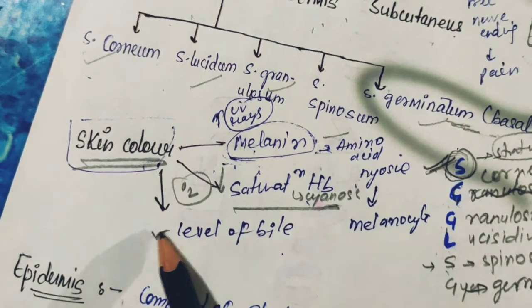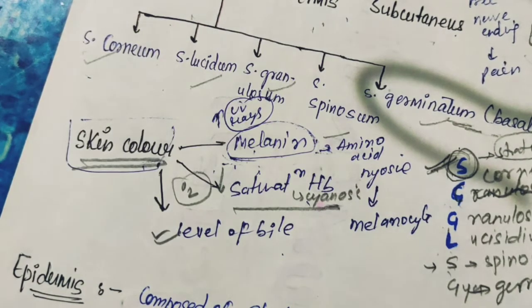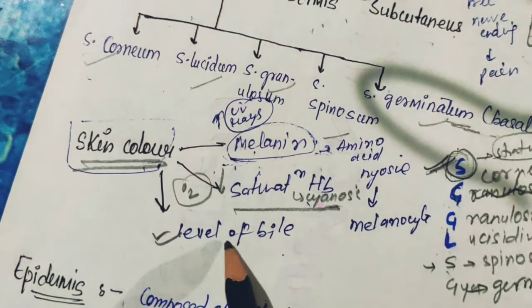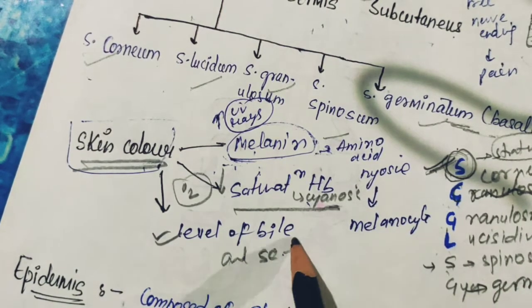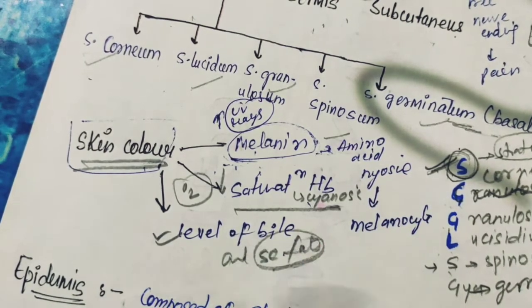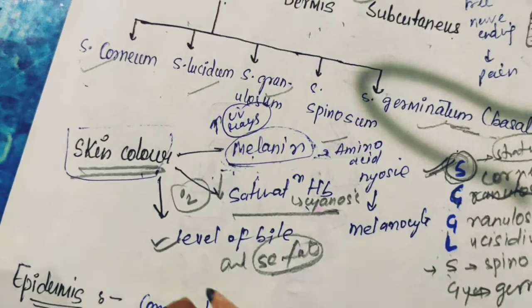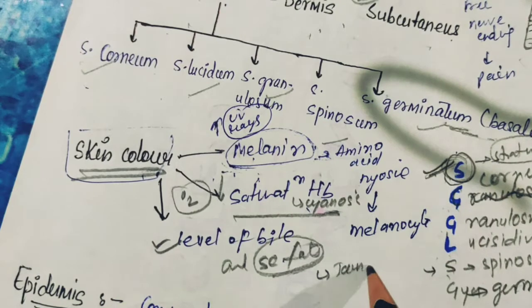And the last is the level of bile. I will not get into it deeply. The bile pigments in blood, along with keratins and subcutaneous fats, give a yellowish color to the skin. So generally when a person gets jaundice, you can see the skin color turn yellow.